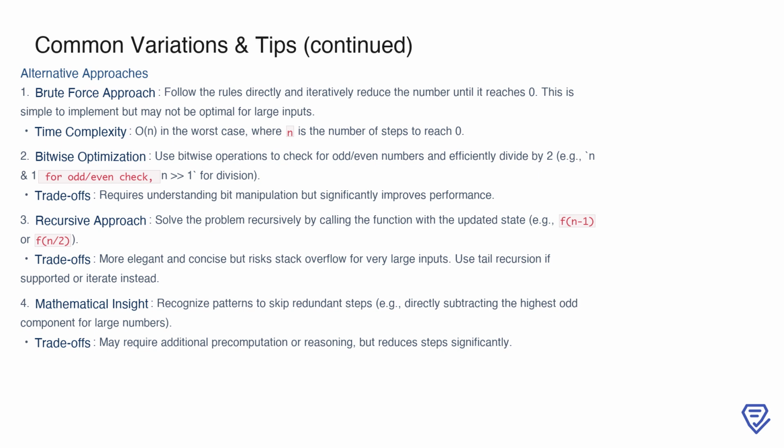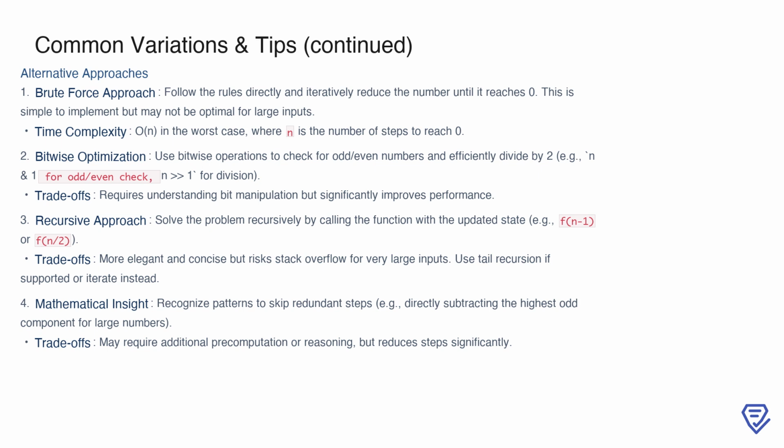Another option is the recursive approach, which involves solving the problem by repeatedly calling the function with the updated state, such as f(n-1) or f(n/2). While this can result in elegant and concise code, it risks stack overflow for very large inputs unless tail recursion is supported. Finally, you can leverage mathematical insights to skip redundant steps. For example, subtracting the largest odd component directly for large numbers can reduce the number of operations.